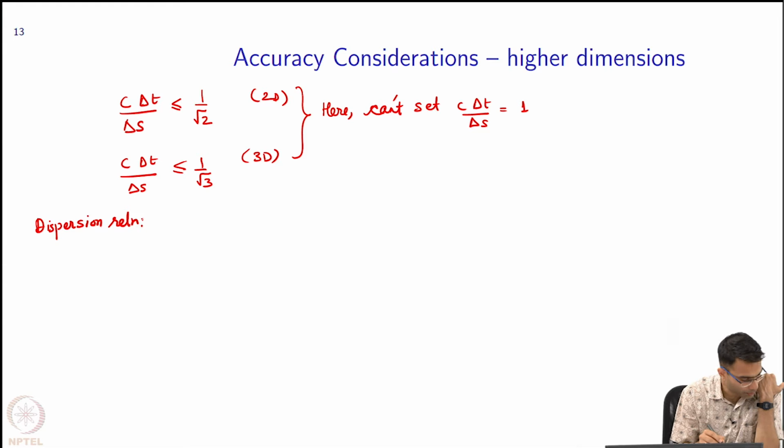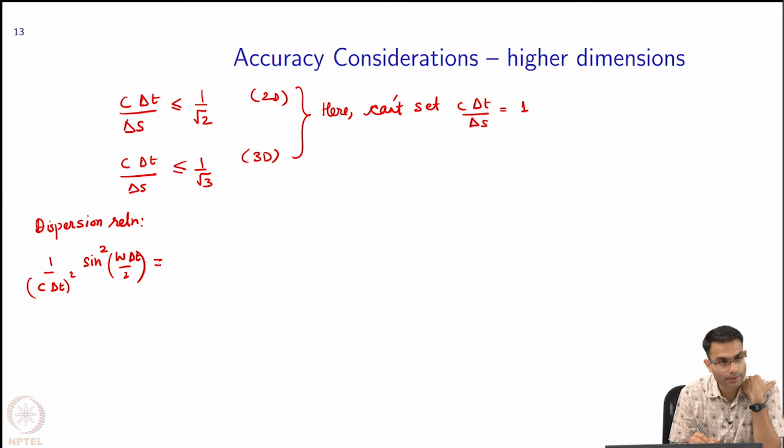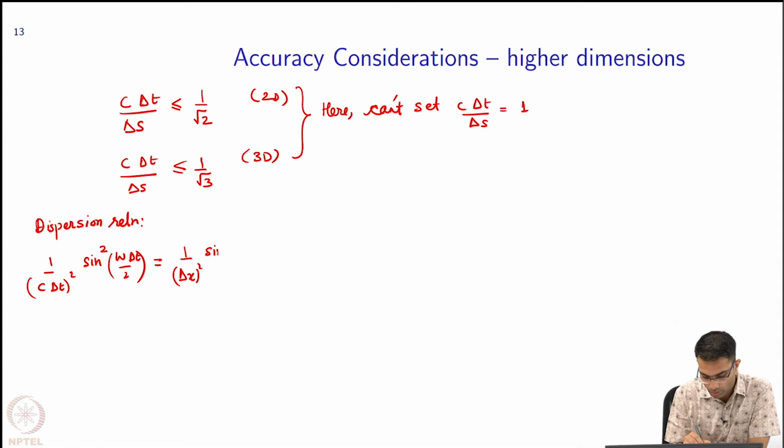Using finite difference time domain, I will write the time term first, sin omega delta t by 2, and I will get 2 terms, one from delta x and one from delta y.